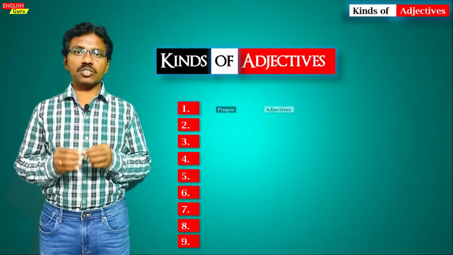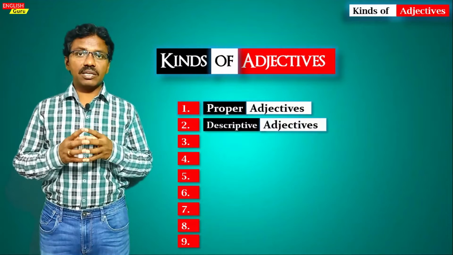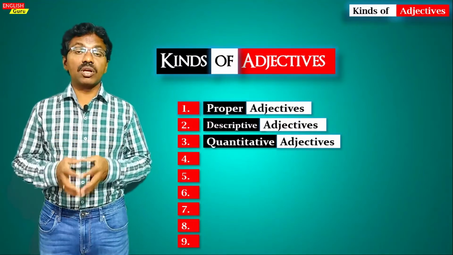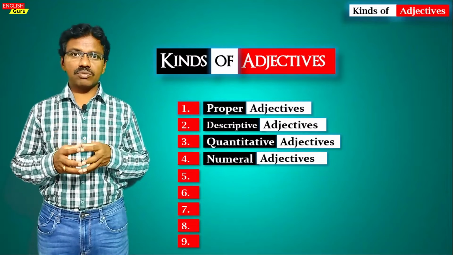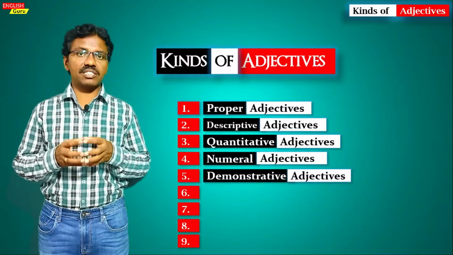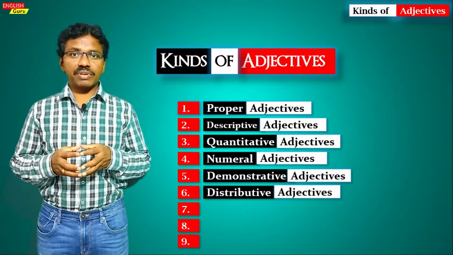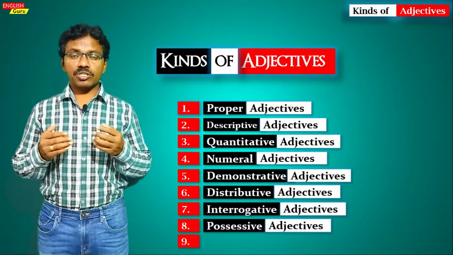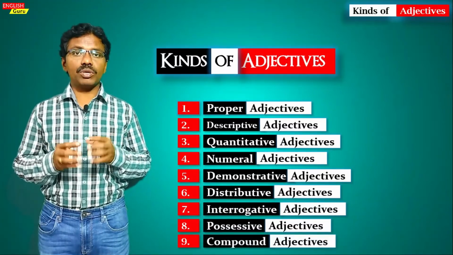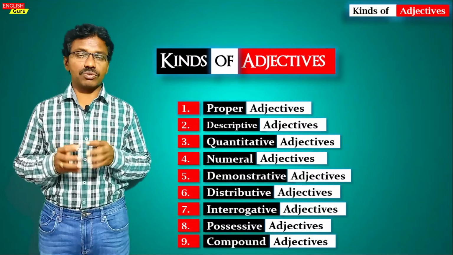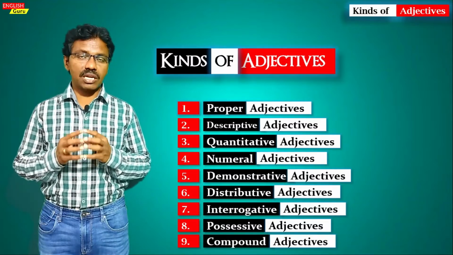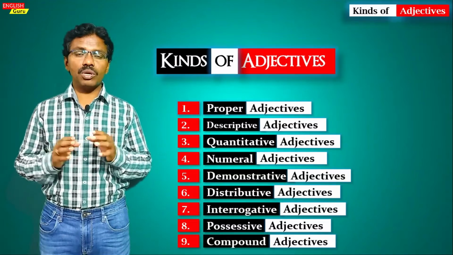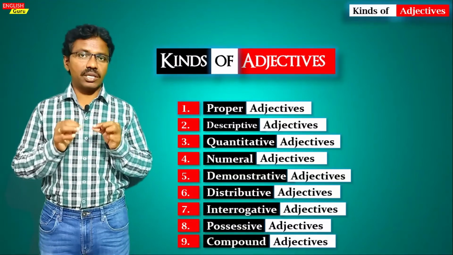The first one is proper adjectives, the second one is descriptive adjectives, the third one is quantitative adjectives, the fourth one is numerical adjectives, the fifth one is demonstrative adjectives, sixth one is distributive adjectives, seventh one is interrogative adjectives, eighth one is possessive adjectives, and the ninth one is compound adjectives. And these are all the 9 adjectives that we are going to talk in brief in this particular video. And now let us talk about each one in detail.